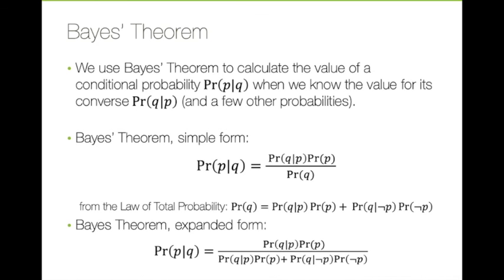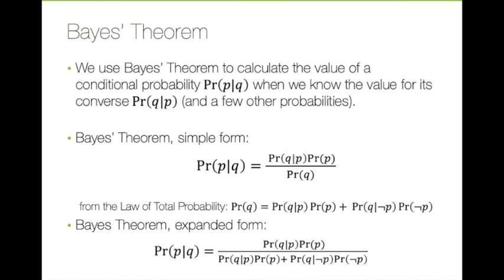That substitution gives us the formula, the probability of P given Q equals the probability of Q given P, again we have that converse there, times the probability of P, a relatively simple numerator. And then in the denominator, we have to add two probabilities.